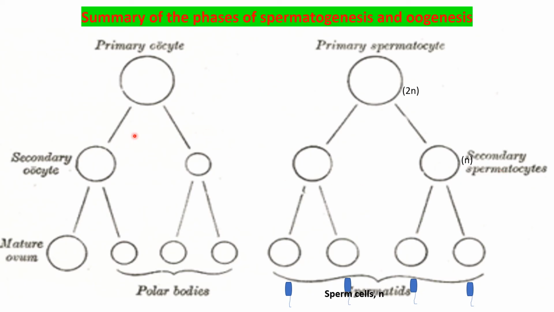At the end of the process, one mature ovum is produced and three polar bodies. That is in oogenesis. While in spermatogenesis, four mature sperm cells are produced at the end of the entire process.